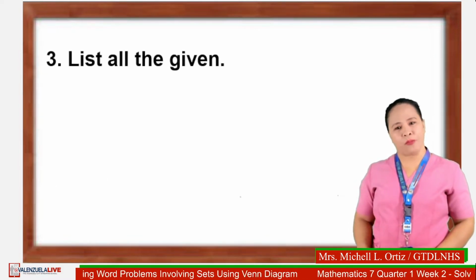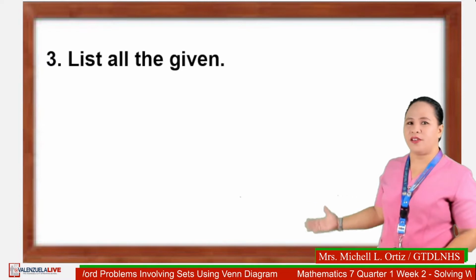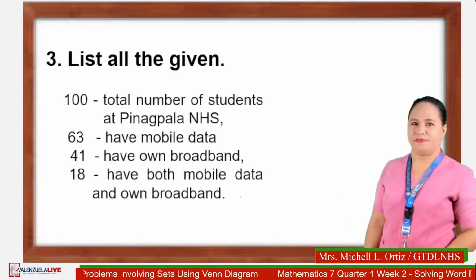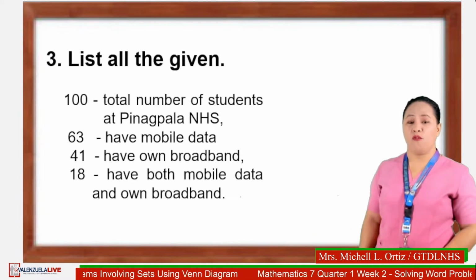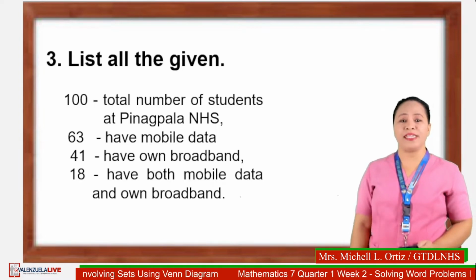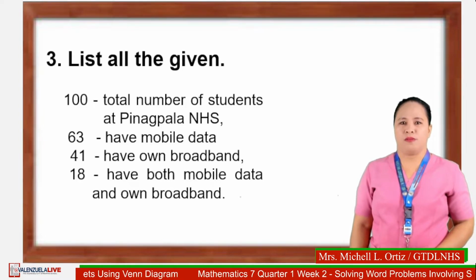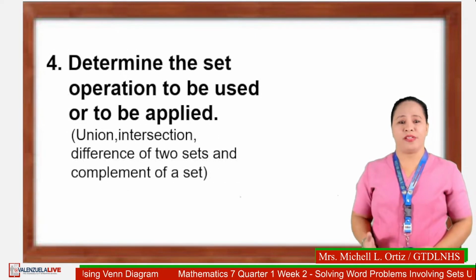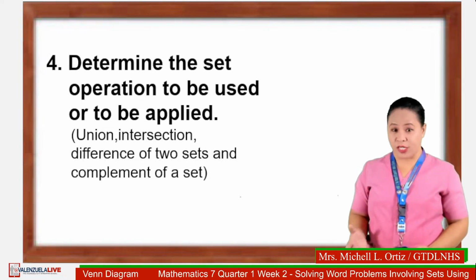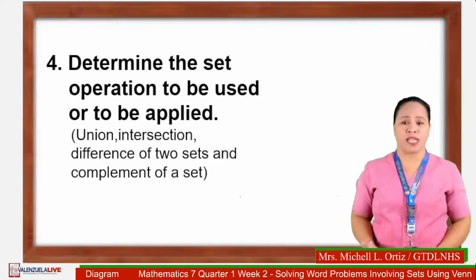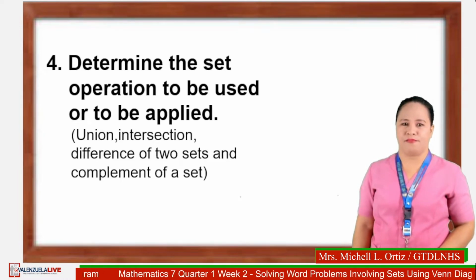In our given problem, we have the following information. Fourth step, determine the set operation to be used or to be applied. Whether it is union, intersection, difference of two sets, or complement of a set.